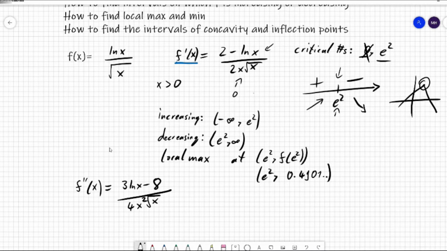And once we have this, we find the critical numbers again. And what will make this function undefined or equal to 0? So it's going to be 0, of course, but again, we're not going to use 0 because it's not in the domain. And then what makes the top equal to 0? That would be e to the power of 8 over 3.